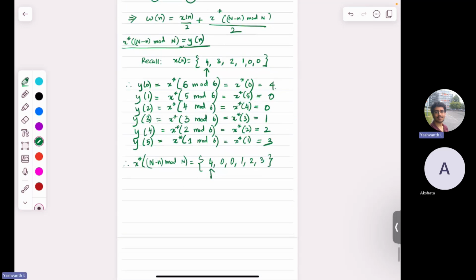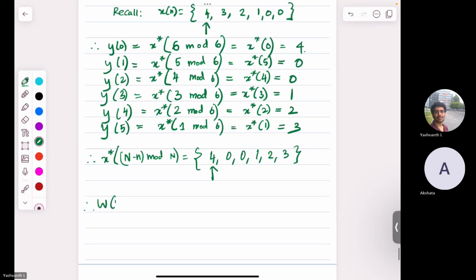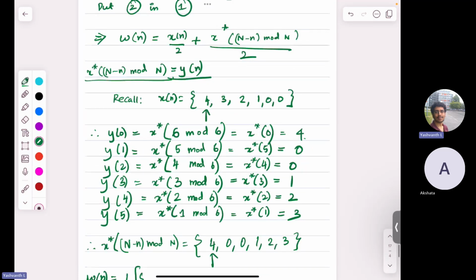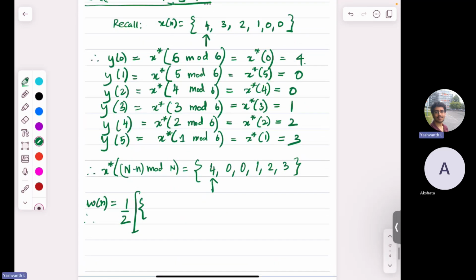Therefore, what is your W of n? Half of 4, 3, 2, 1, 0, 0 plus 4, 0, 0, 1, 2, 3.